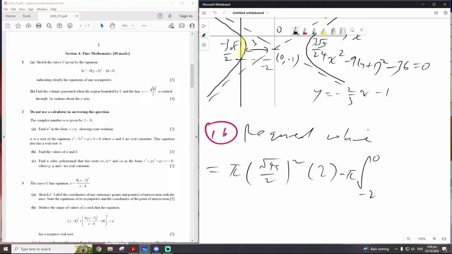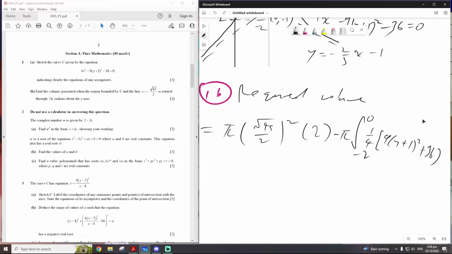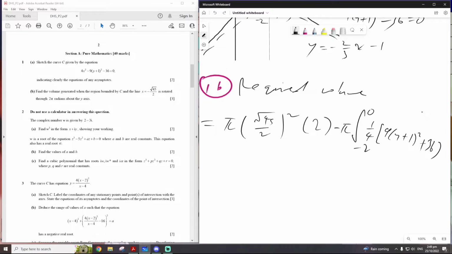You get pi over 4, let me just write the whole thing first. Quarter of 9y plus 1 square plus 36. Okay, dy. Okay, then we will evaluate this. Now this is 45 pi over 2.